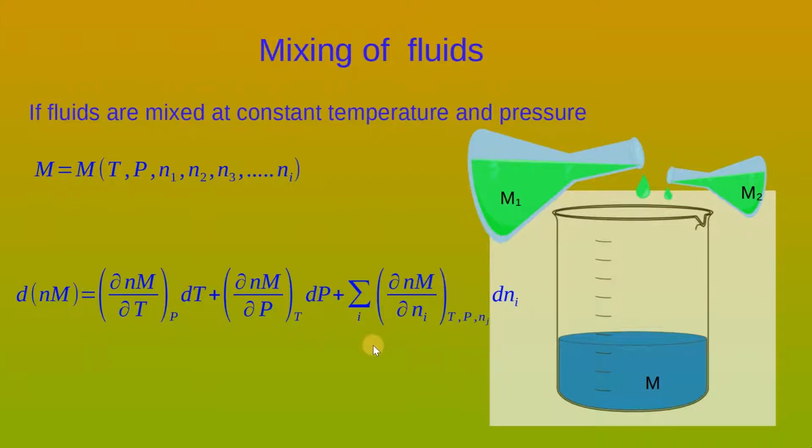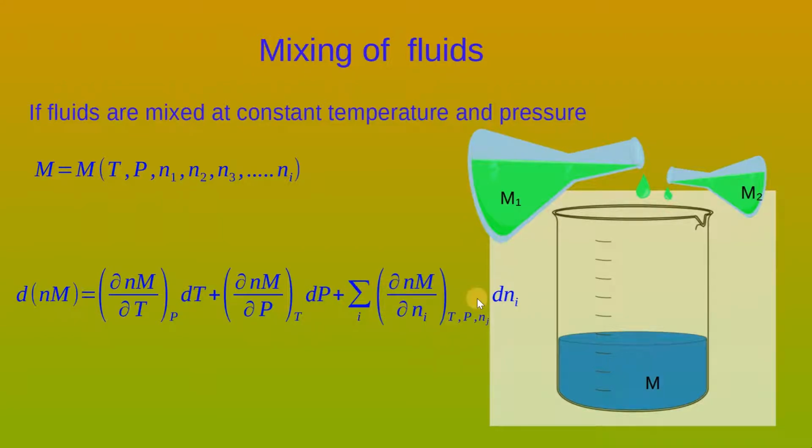Now this requires a certain amount of clarification. The last differential is nothing but a summation over the total number of species i in the mixture.